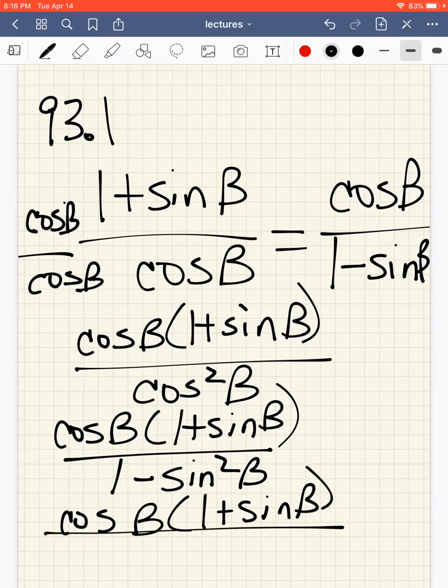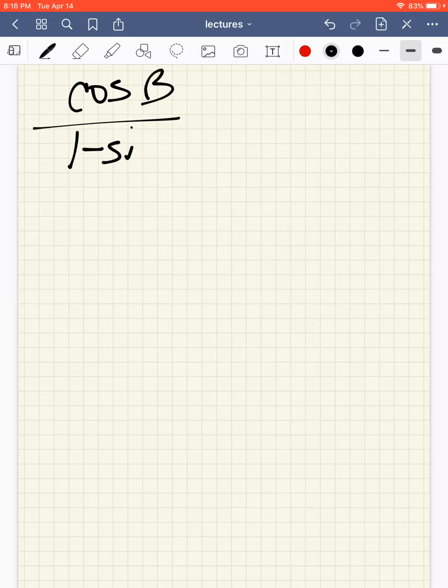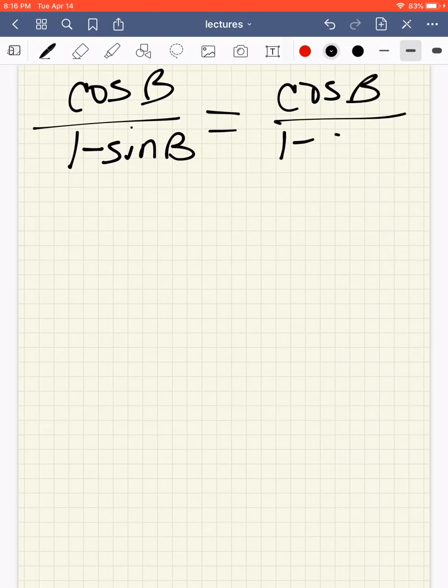And down here, this will factor into 1 plus sine of b and 1 minus sine of b. So what happens to the 1 plus sines of b? They cancel. And then we're left with cosine b over 1 minus sine b. So the last step, which I don't have room for, would be cosine b over 1 minus sine b. And we'd bring down the other side and show that, yes, in fact, they are equal.